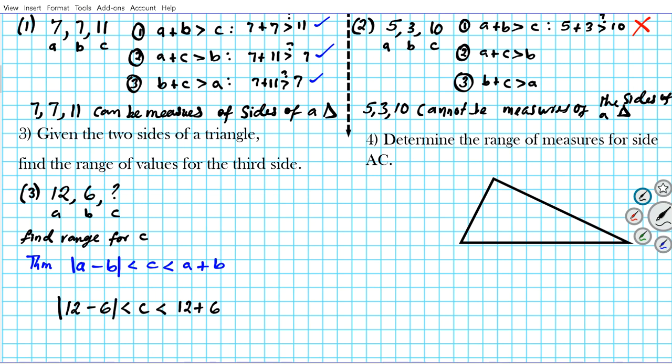So let's put an absolute value here because we don't want it to be negative. So 12 minus 6, the absolute value of that is 6. So 6 is less than C, and C is less than 12 plus 6, 18.